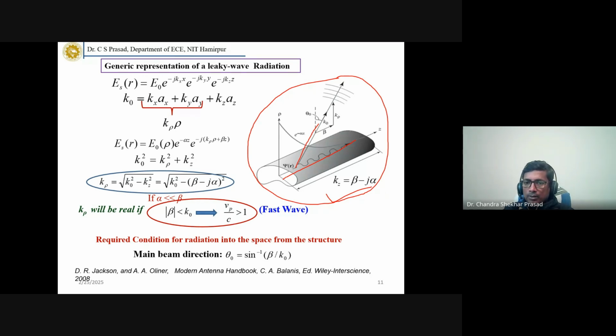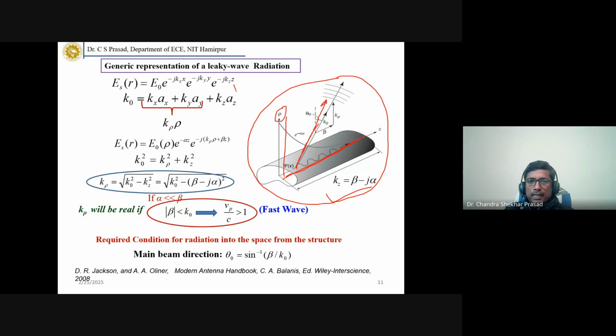So the wave is traveling in, let's say, the z direction, and we want some power to come out from the structure in this r direction. We can put this in a cylindrical coordinate system, or maybe in an XYZ rectangular coordinate system. So this structure is lying along the z axis, and we want radiation in the XY plane, out of this structure. This coordinate is represented by rho.